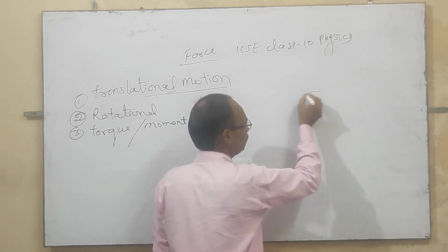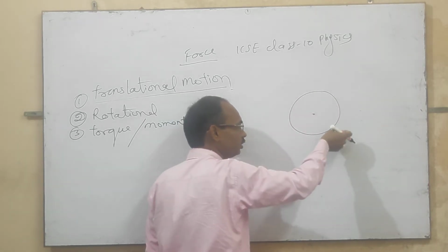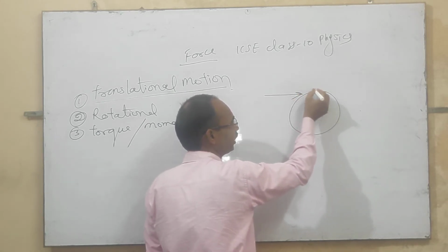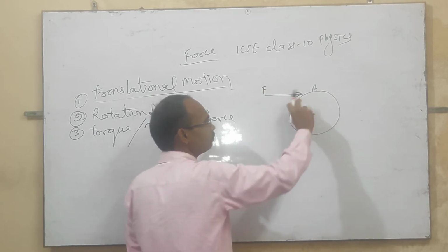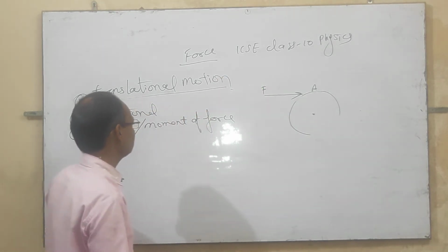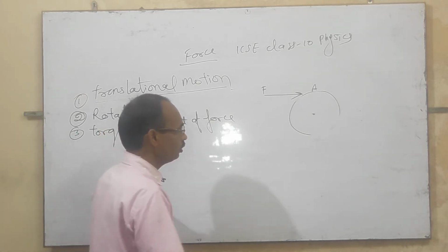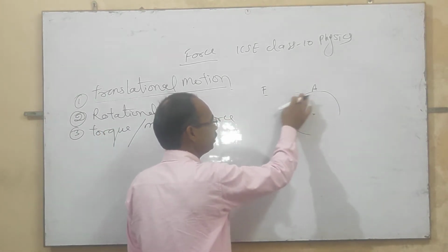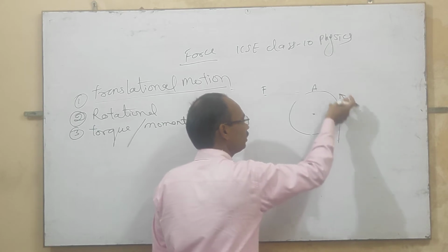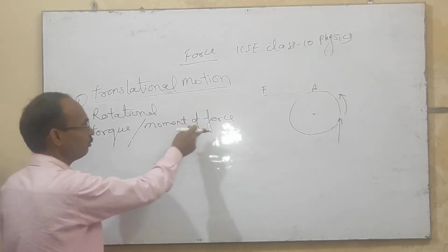If this is the body and you want to turn it in any direction, then a force should be applied. Suppose a force is applied at point A, and then the body turns in this direction. This is known as turning force or torque or moment of force. If you apply the force at this point, then the body will rotate in this direction. This is known as torque or moment of force.